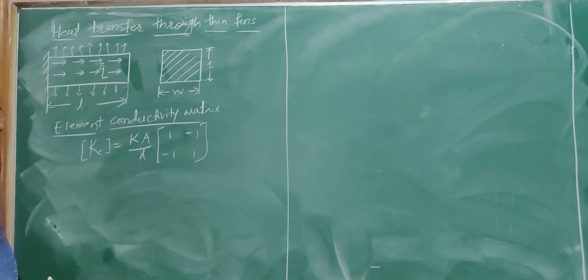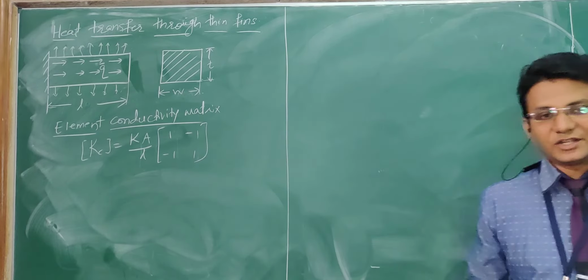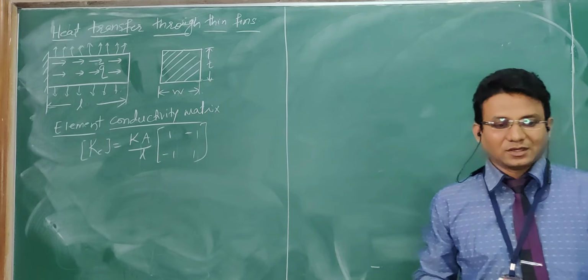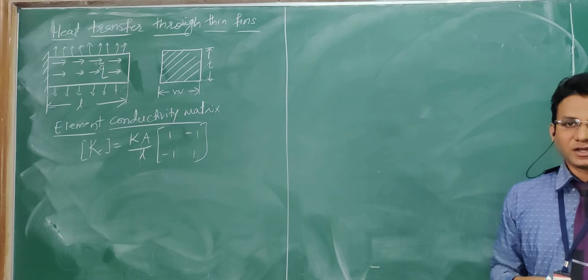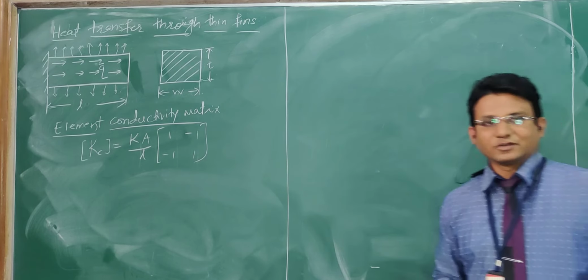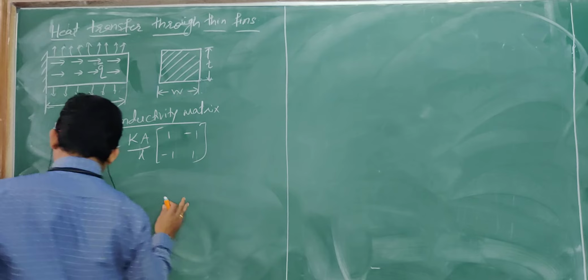The same will extend to the convection. There is a bit of change with respect to what we have derived for the simple case of a rectangular plate with convection. But in the case of a fin, there is some difference with respect to the derivation of the elemental stiffness matrix. So that we will derive now.